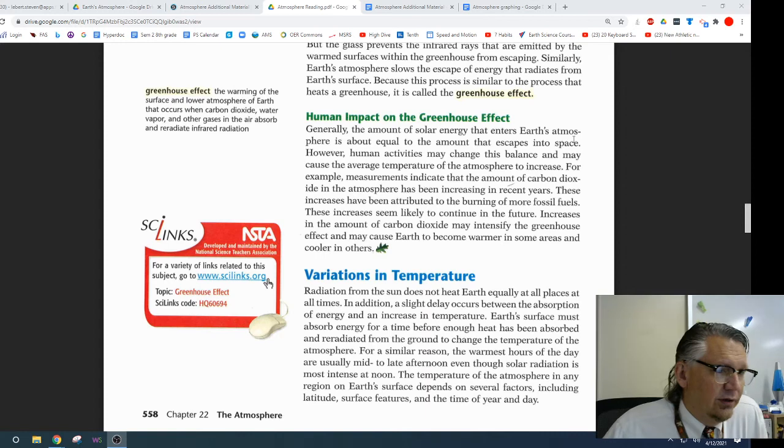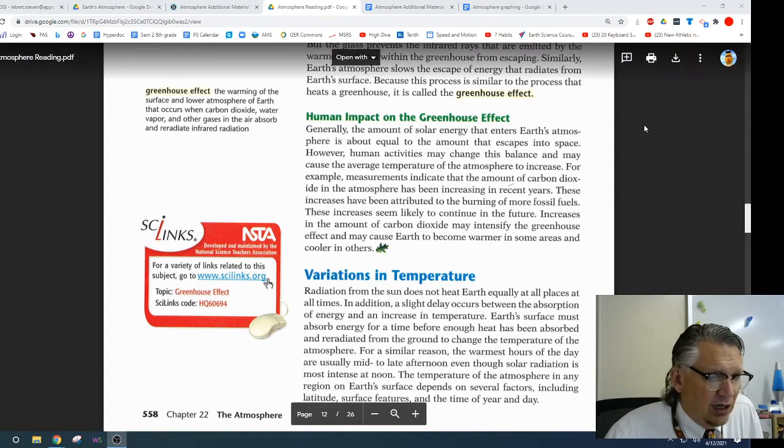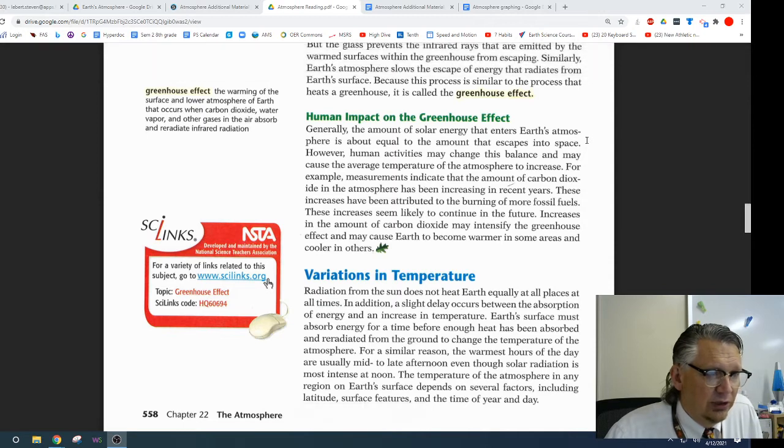Human impact on the greenhouse effect. Generally, the amount of solar energy that enters the Earth's atmosphere is about equal to the amount that escapes into space. However, human activity may change this balance and may cause the average temperature of the atmosphere to increase.